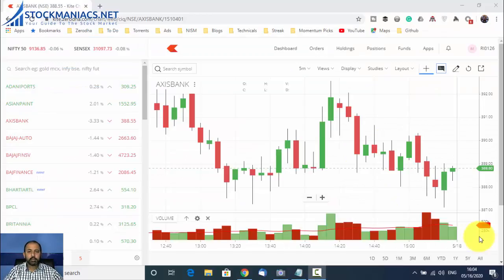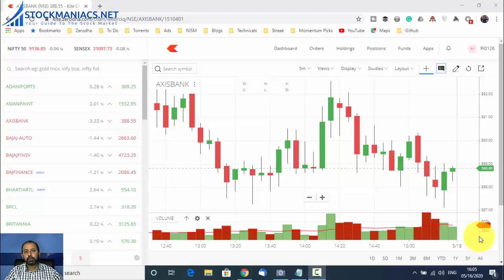Now my dear friends, while doing candlestick pattern analysis, first let us understand what a candlestick is. In the term candlestick, the term candle is there. So we can understand the candlestick is a variety of this candle, and this analysis was introduced by the Japanese. So many people also call them Japanese candlesticks.